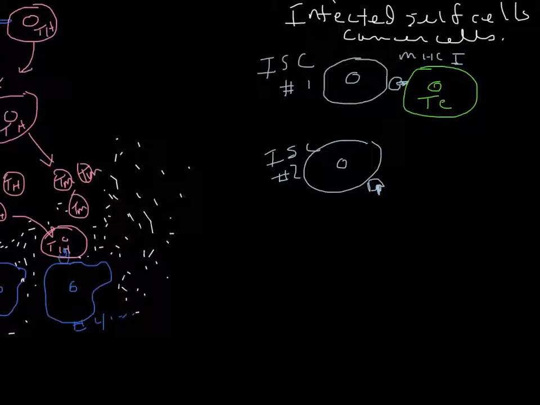Okay, so this cytotoxic T cell then has to locate another infected self cell and again recognize the antigen.